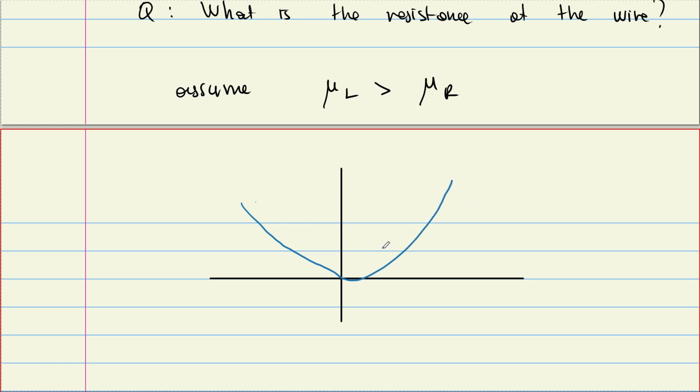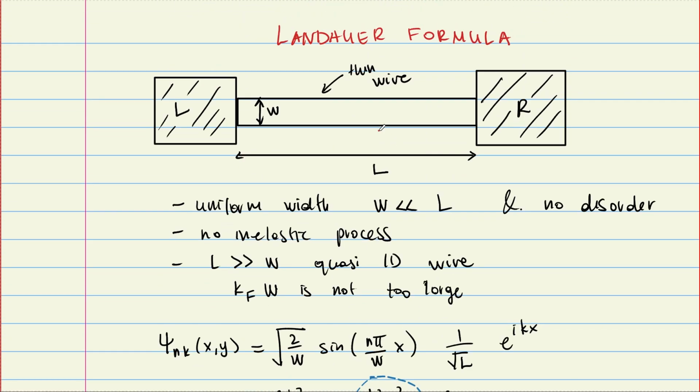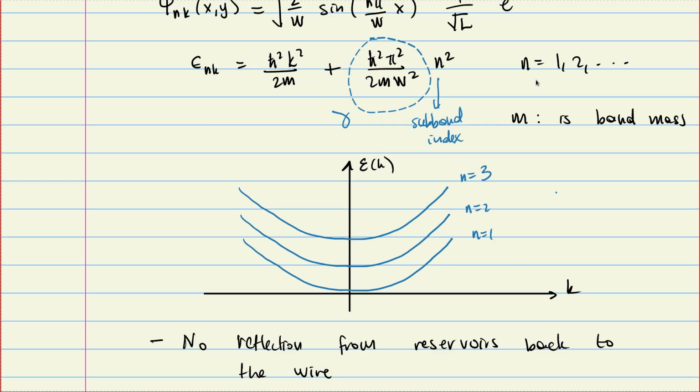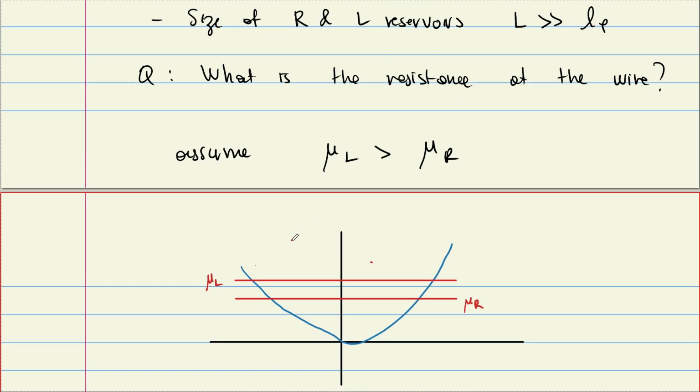and we have one chemical potential on one side, another on the other side, mu left, this one is mu right, and since all the electrons that are moving to the right like this should come from left, and all the electrons that move to the left should come from right, this chemical potential is going to determine the occupied levels.